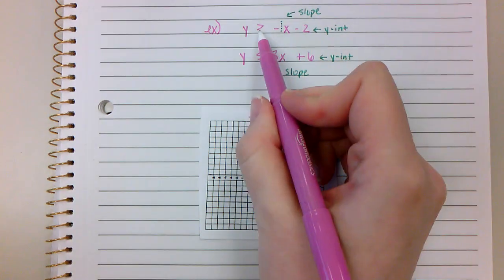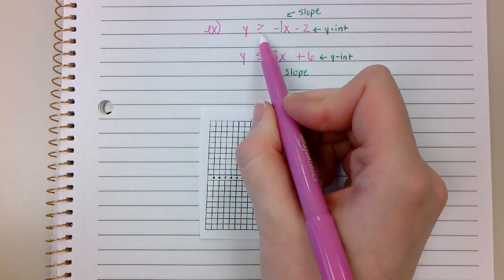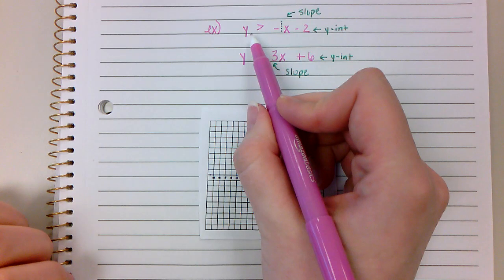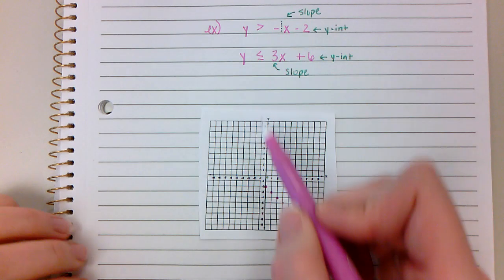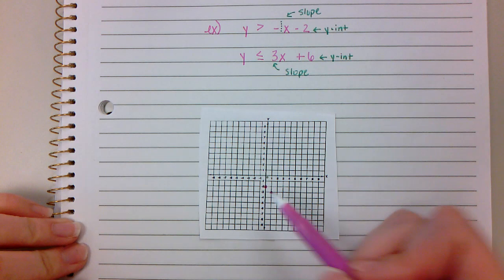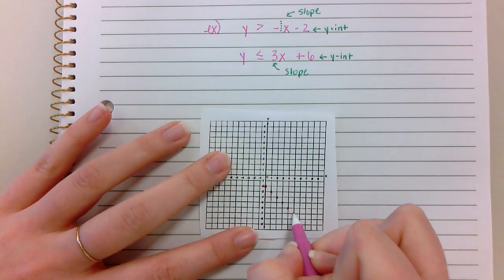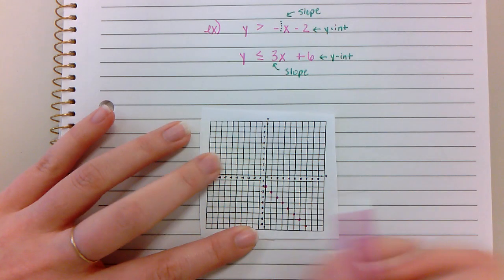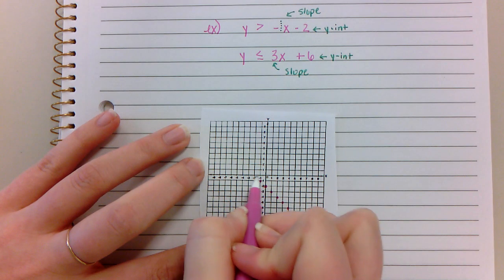Now, if I look at my symbol here, that is a greater than symbol. So since there's no line underneath this, I do not get to make this a solid line. I have to make it a dotted line. So I'm just going to keep putting my dots here. I'm also going to follow this up in the other direction.